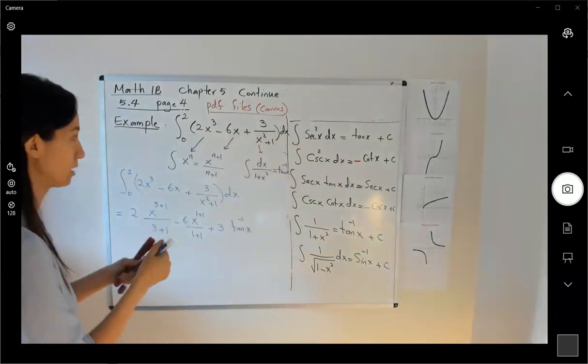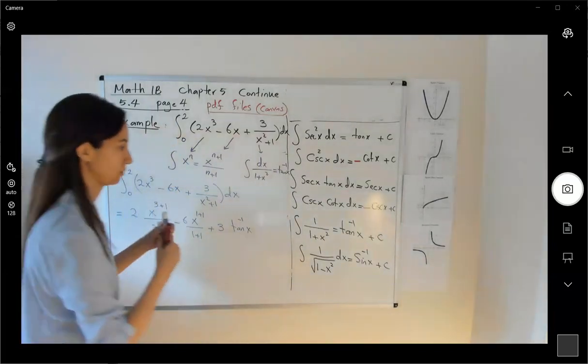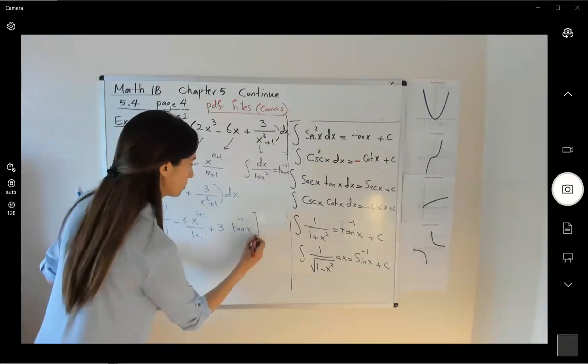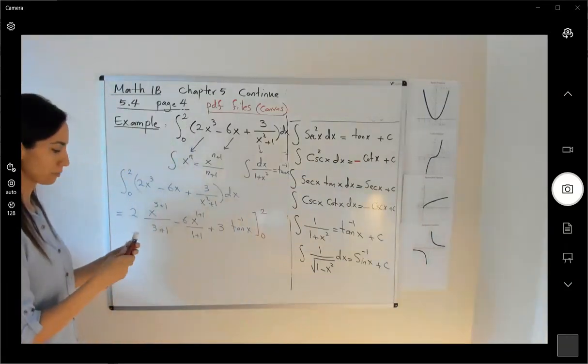And note that your x ranges between 0 to 2. Very good.